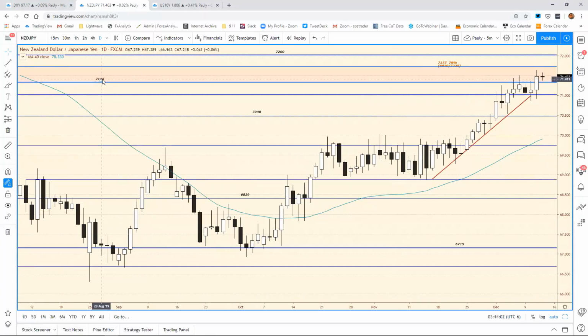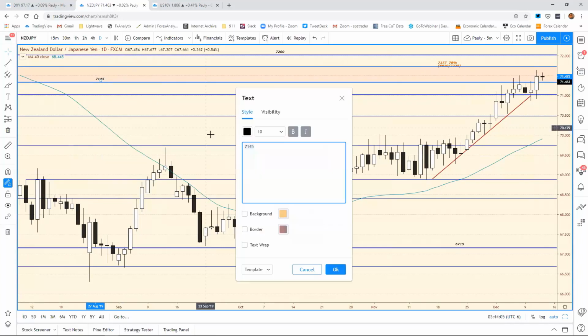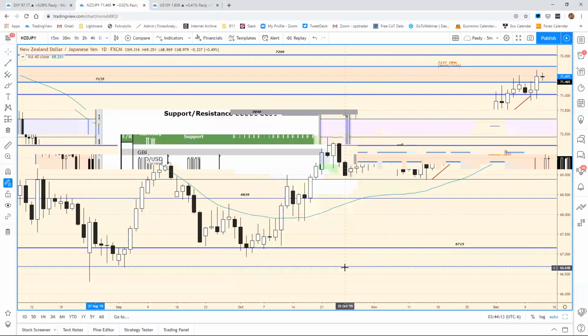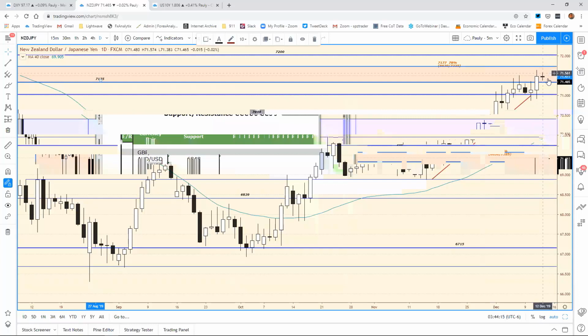I don't know why I had that at 45. Support is going to be right there, 71.12.